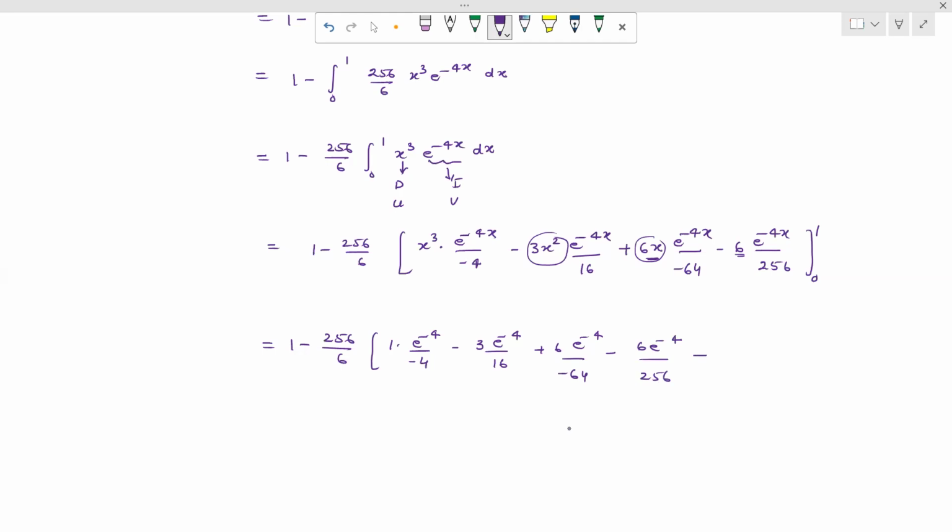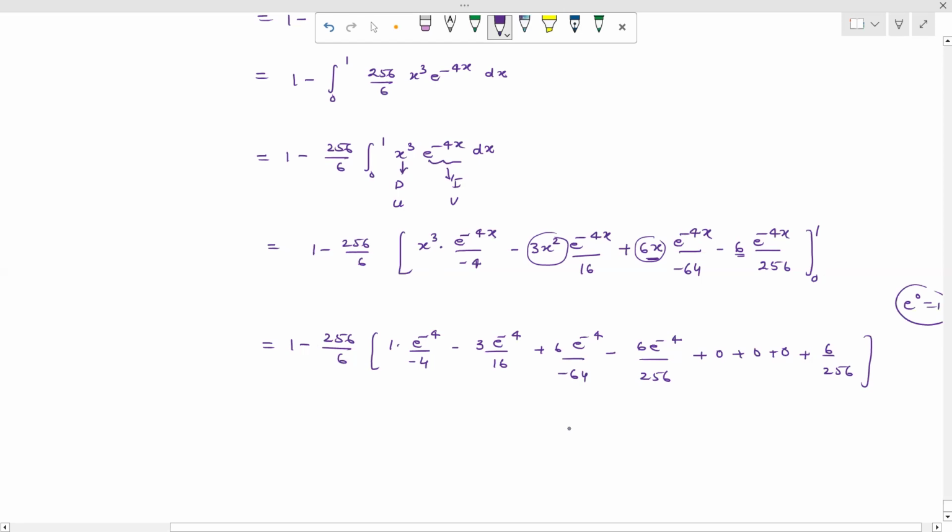For the lower limit, when we put x equal to 0, these terms give us 0, and e raised to the power 0 is 1, so we get 6 upon 256.